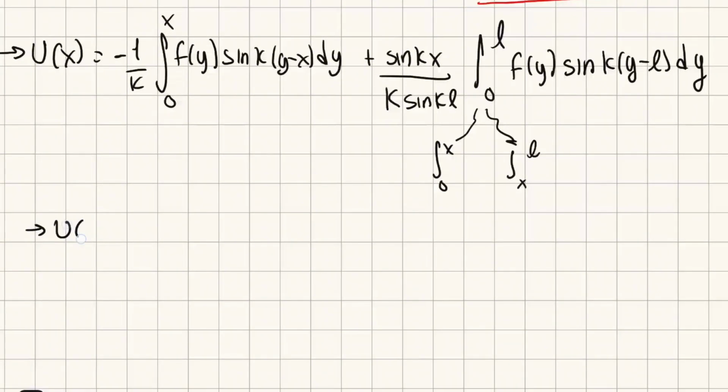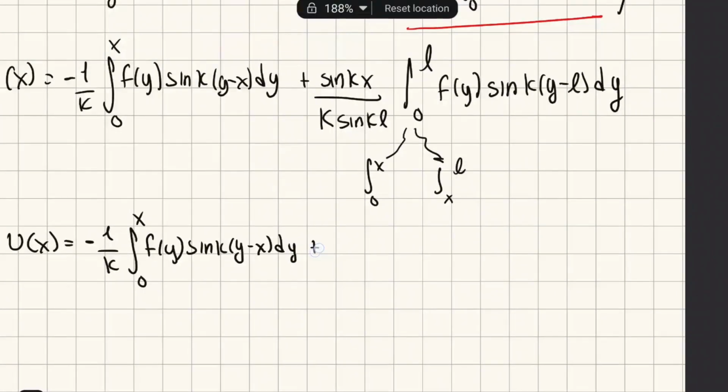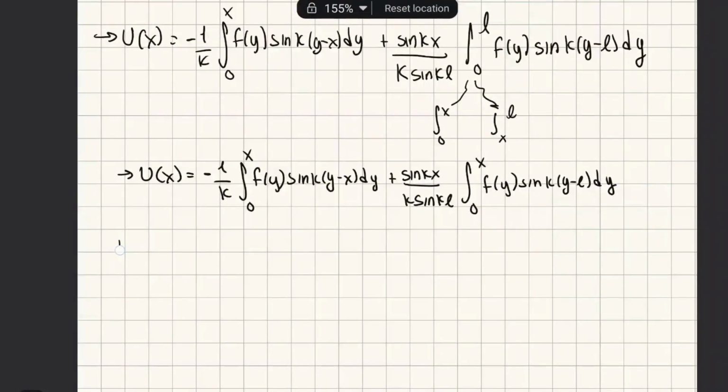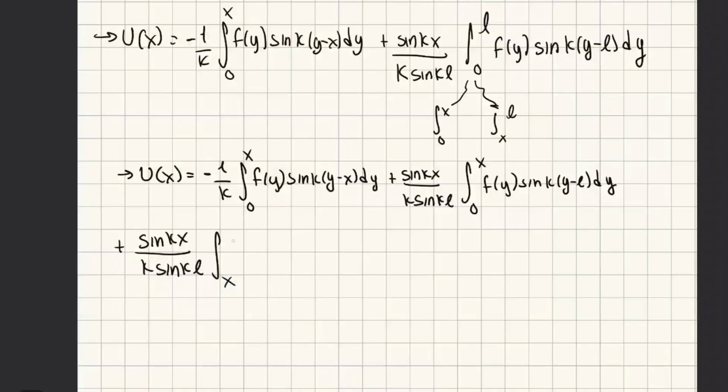We are going to get that u of x is equal to minus 1 divided by k, the integral from 0 to x, f of y sine of k times y minus x dy, and then plus sine kx divided by k sine kl, the integral from 0 to x of f of y sine k y minus l dy, and then plus, well, actually sine kx over k sine kl, integral from x to l of f of y sine of k y minus l dy.